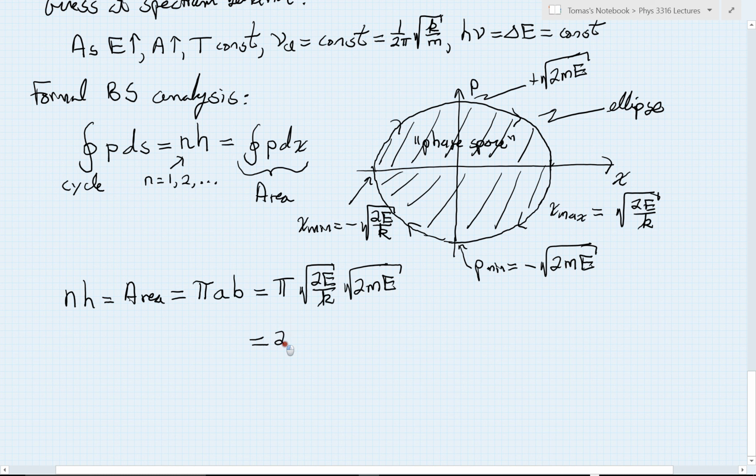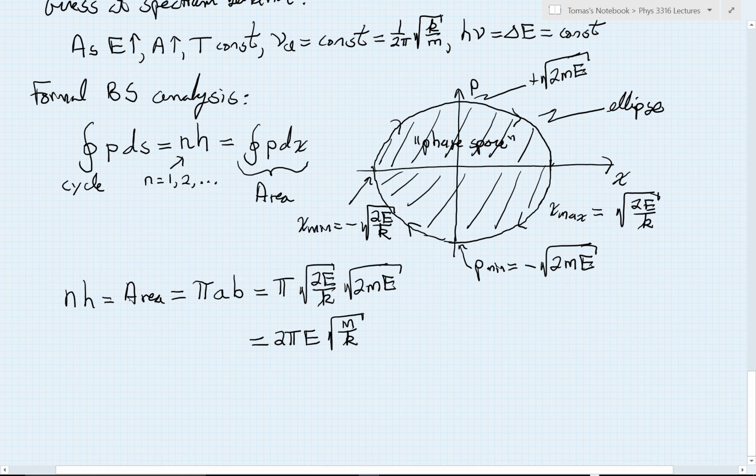So I have a nice factor, 2 pi E. Oh, I like that, because whenever I have a 2 pi, I feel good, but especially good because I can bring it to the other side of the equation and make my h into an h bar. So I'm happy about that, but let's finish our algebra. We took care of the 2E factors in both, but we still had a square root of m on top and a square root of k on the bottom, so it's square root of m over k.